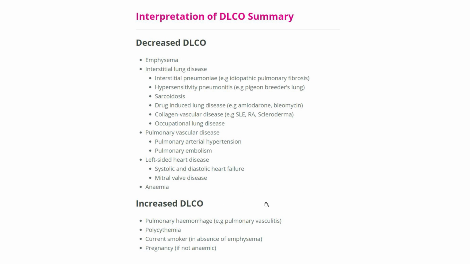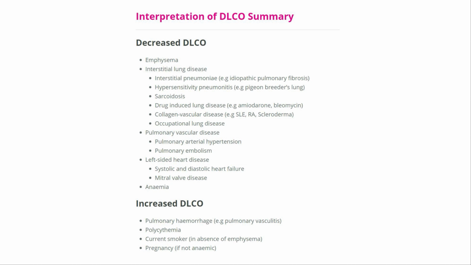The thing to also take away from this is, I just realized this slide says that smoking can increase your DLCO, but I went on a bit of an adventure to figure out where they got that from. I'm not totally sure.